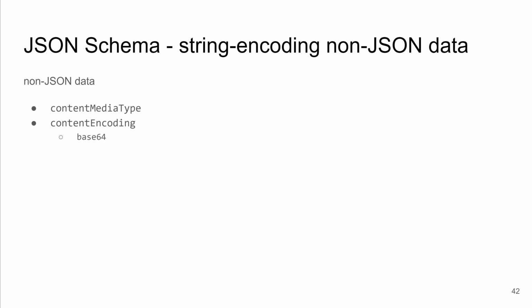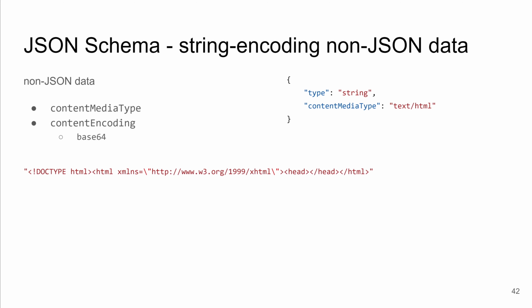Another thing we can say is that in the JSON data there can be non-JSON data. Non-JSON data is typically described by a media type, which we already know. That's the list of types managed by IANA. And when it is, for instance, binary data, it can be encoded using base 64 encoding, which we have already seen when we talked about XML.